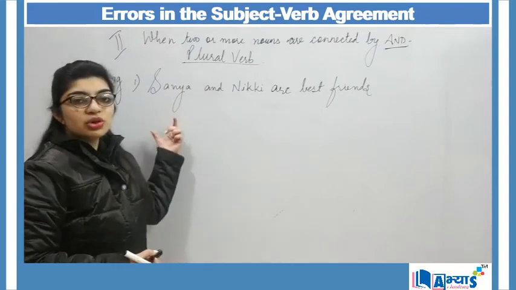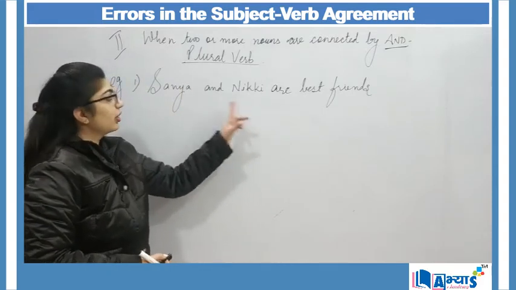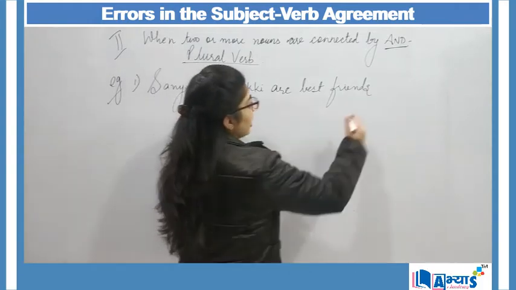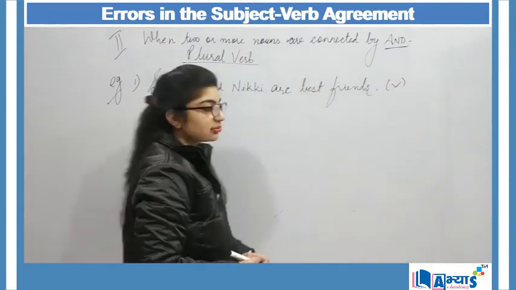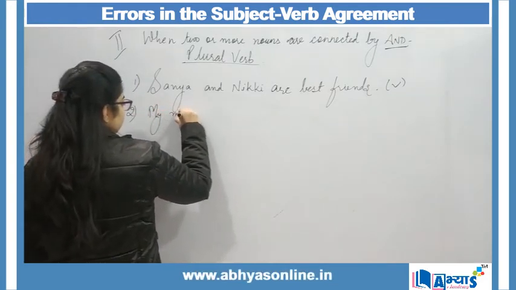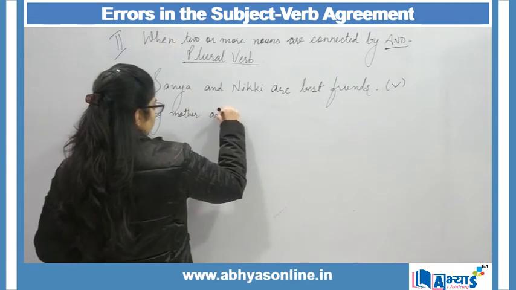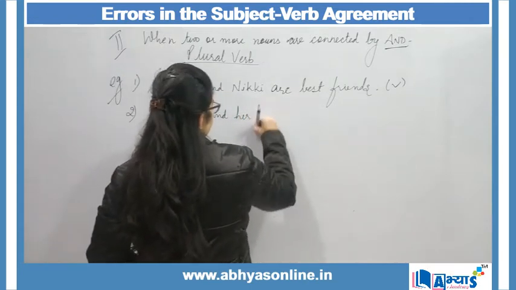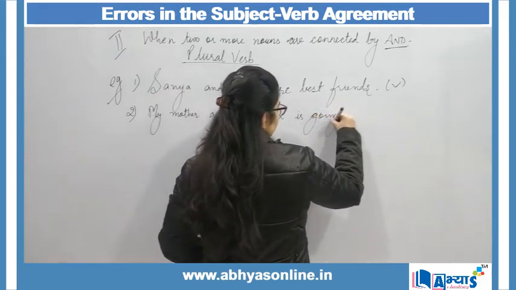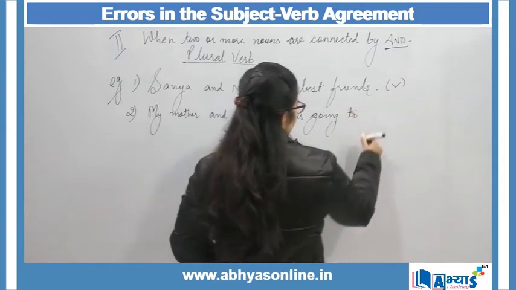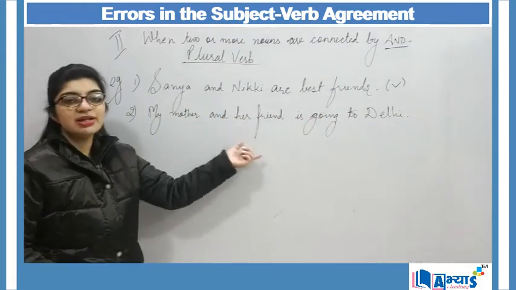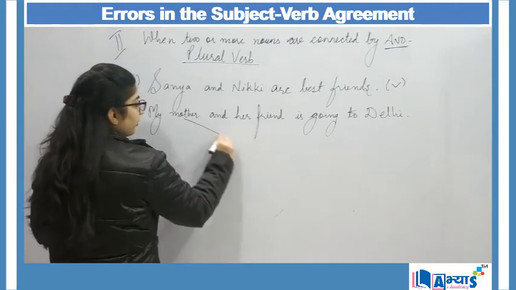I'm talking about both Sanya and Nikki, and when I'm talking about plural people, at that time I will make use of a plural verb. This makes my sentence correct. When I say my mother and her friend is going to Delhi, here I'm talking about two people.